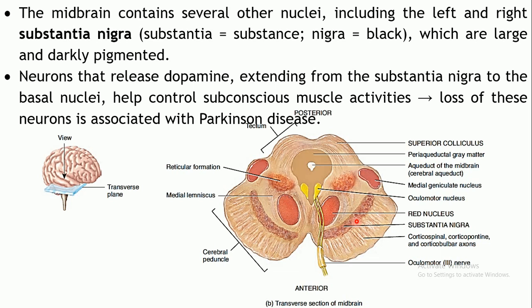Supposing these neurons are affected, which help in controlling the subconscious muscle activities, you lose control over the muscular movement. This will result in the precipitation of Parkinson's disease.